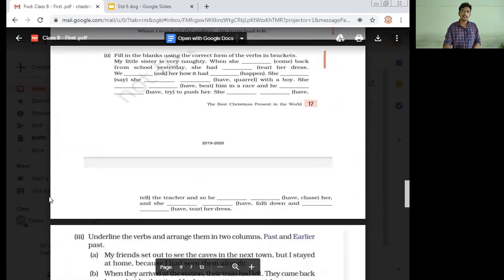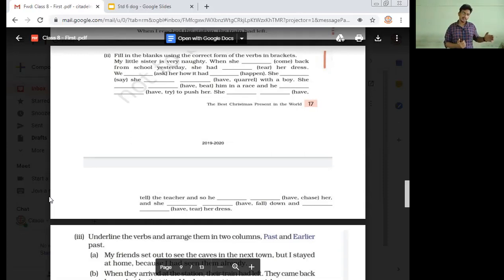Before explaining the task to you, I'll give you the explanation about the usage of past perfect in a sentence. See, imagine that if there are two events that happened in the past in a single sentence, the first incident will be used as past perfect. The past perfect tense will be used denoting that first event, and the second event, the recent event that happened in the past, will be denoted with the simple past tense.